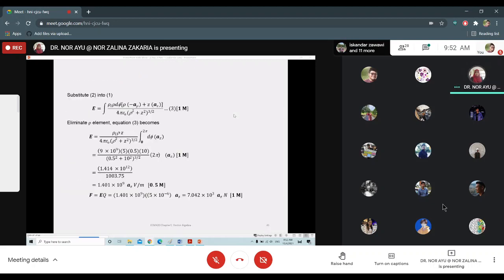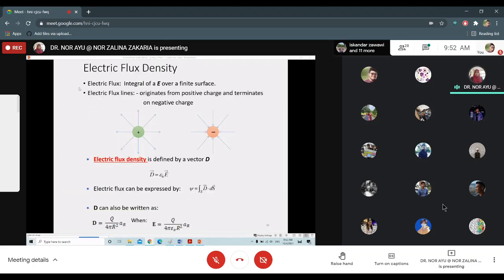Circular ring. Alright, so I go to this one, just a little more, electric flux density. Okay, so this is electric flux density, or we write it as D. Okay, bold D because D is a vector.